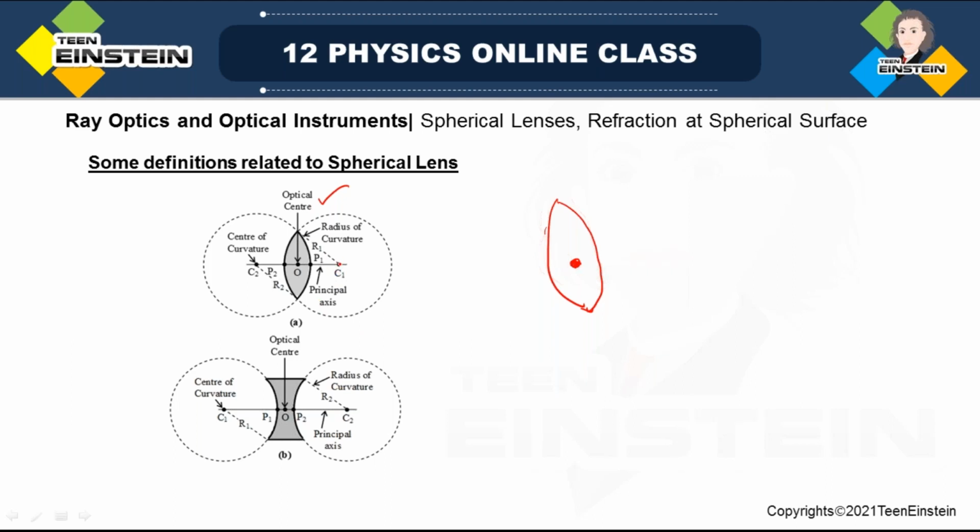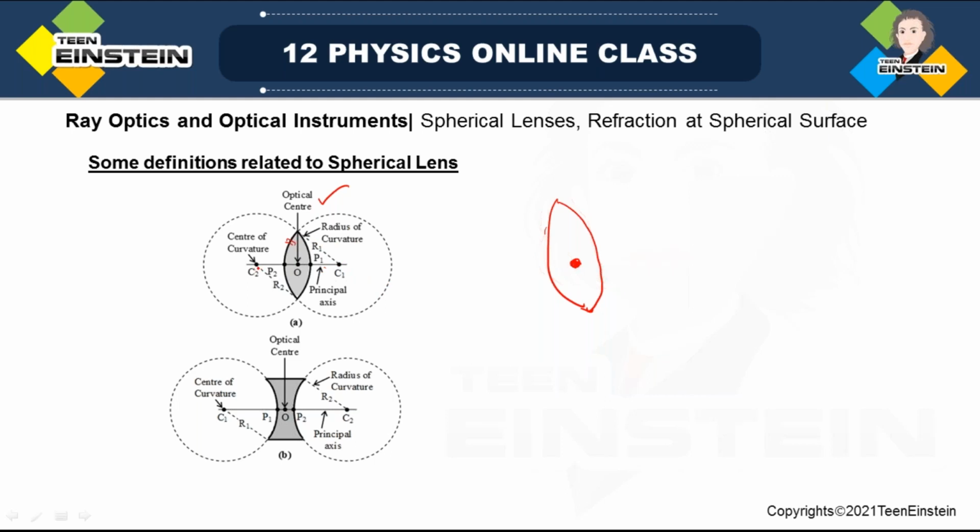Radius of curvature is actually the radius of that particular sphere of which the spherical surface is a part. So the definitions are more or less the same.